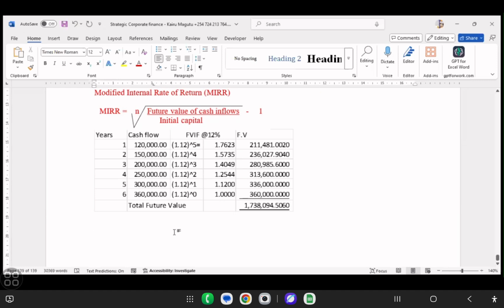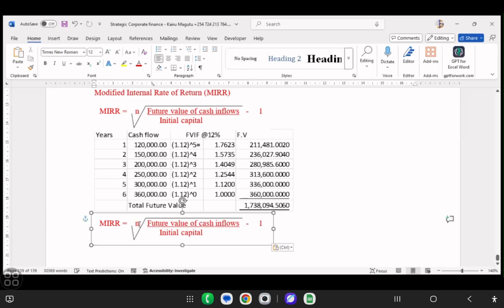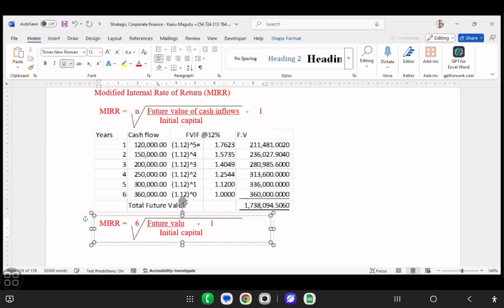The present value is the initial capital outlay, the modified internal rate of return. I want to put the figures in it. Let me have the figures in it here. The nth root, these are 6 years. The sixth root, we need to get the future value.